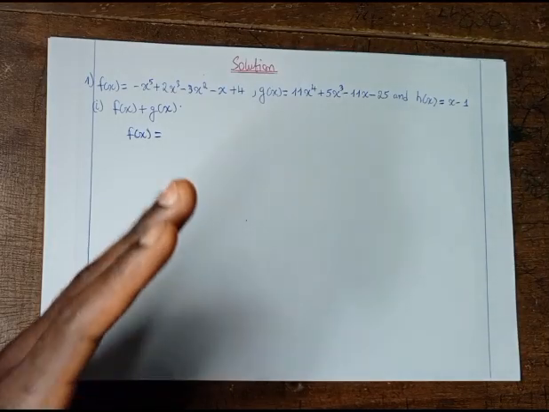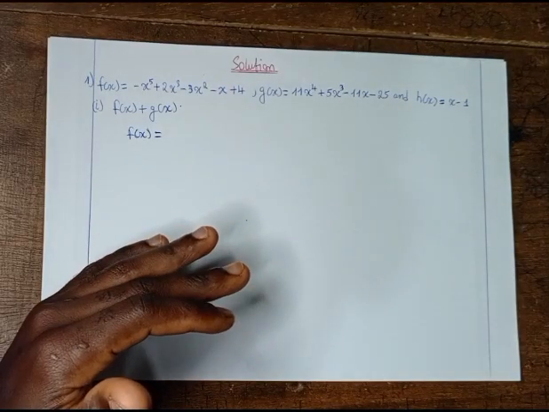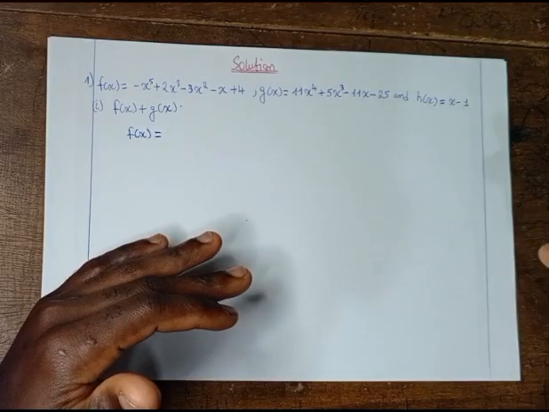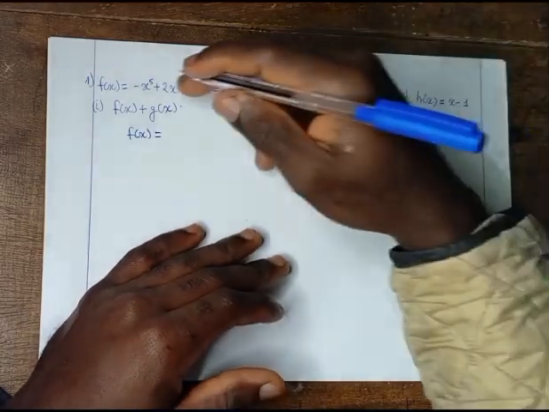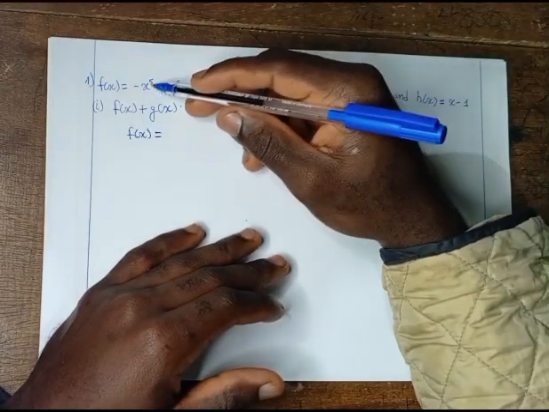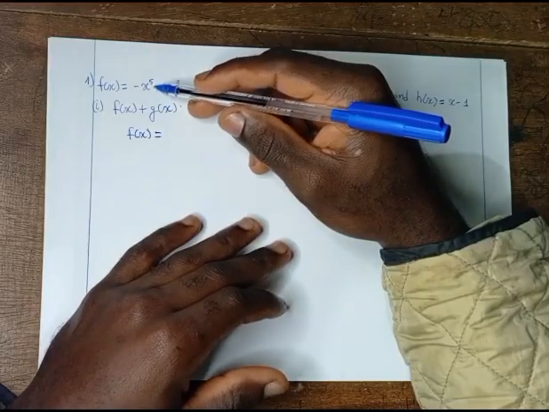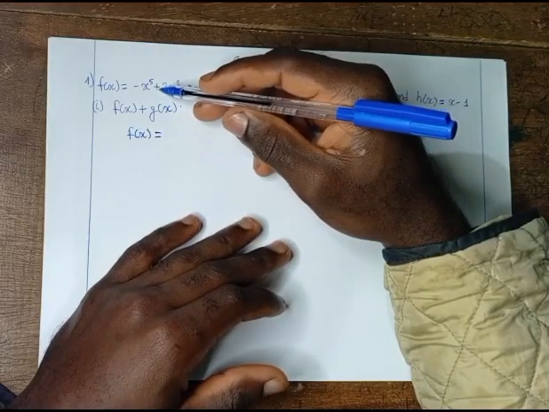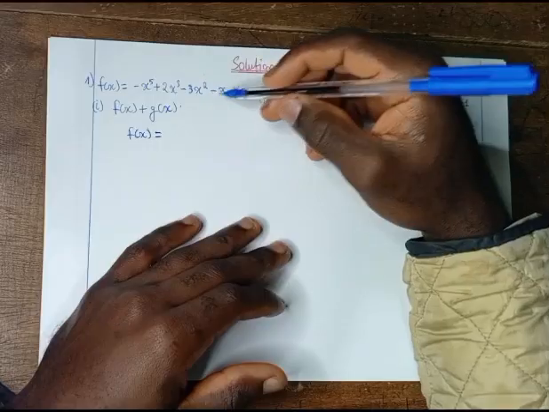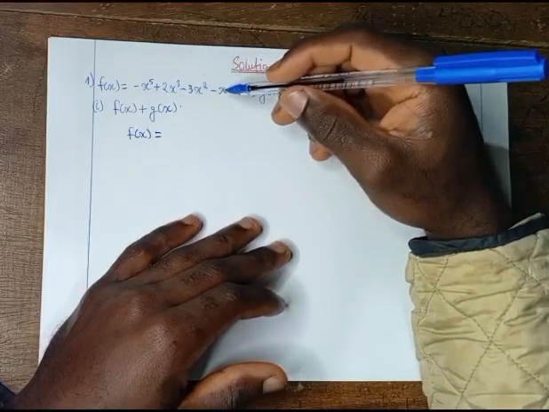That means we start from the highest power to the smallest, writing down all the powers. Here we have x to the power 5, so the next power should be x to the power 4. Here the term in x to the power 4 is absent.